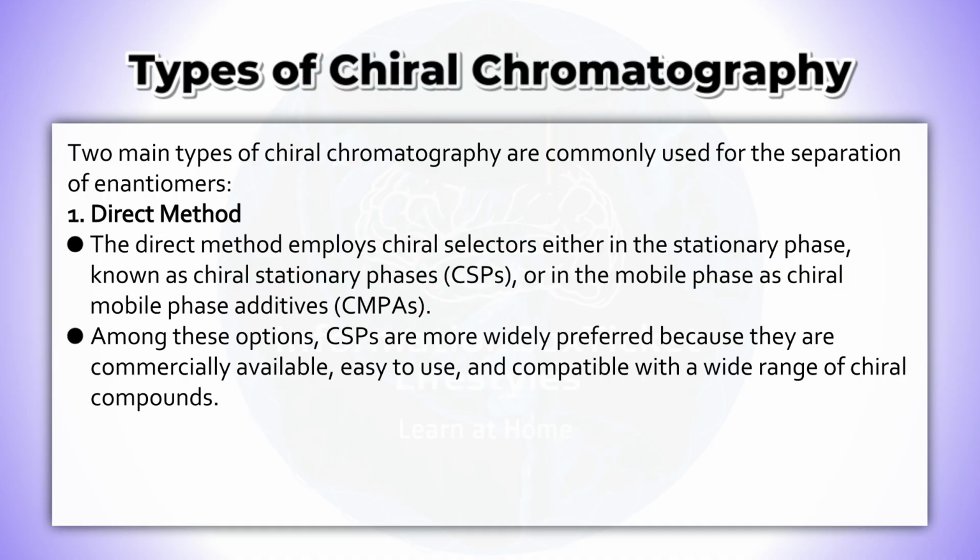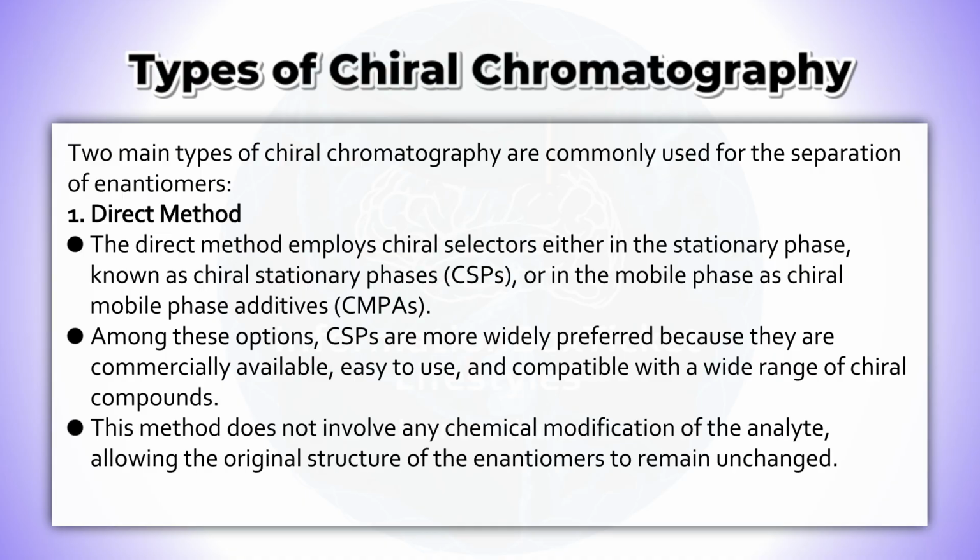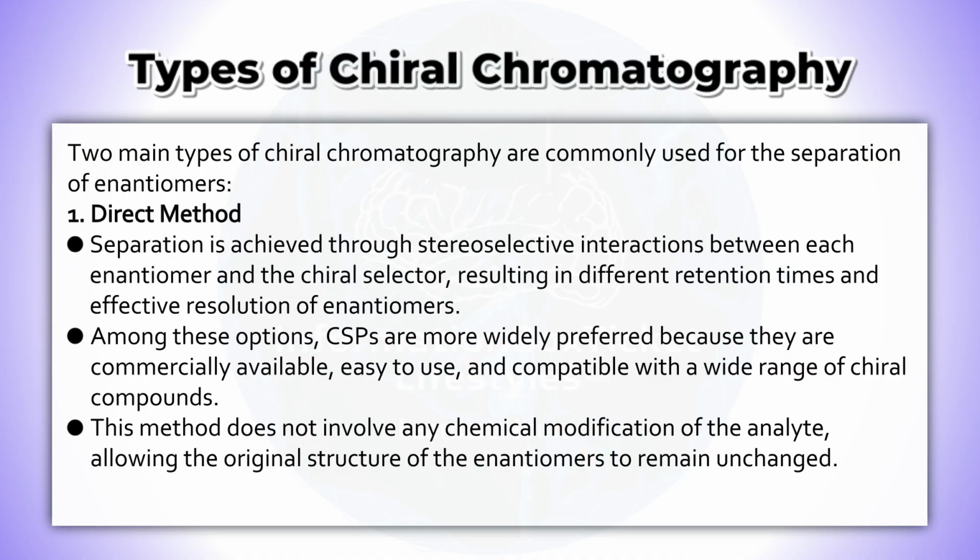Among these options, CSPs are more widely preferred because they are commercially available, easy to use, and compatible with a wide range of chiral compounds. This method does not involve any chemical modification of the analyte, allowing the original structure of the enantiomers to remain unchanged. Separation is achieved through stereoselective interactions between each enantiomer and the chiral selector, resulting in different retention times and effective resolution of enantiomers.